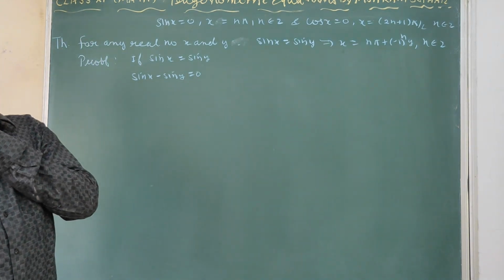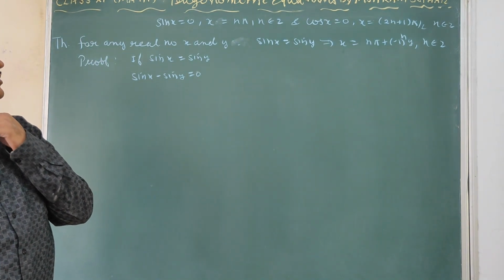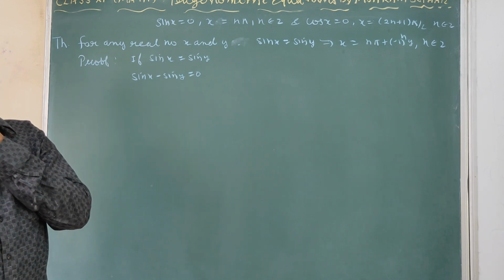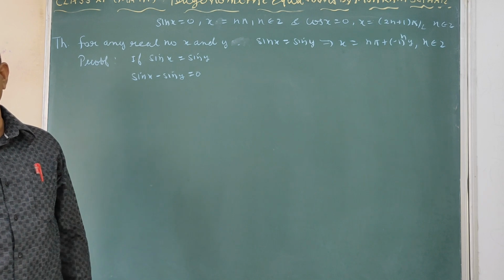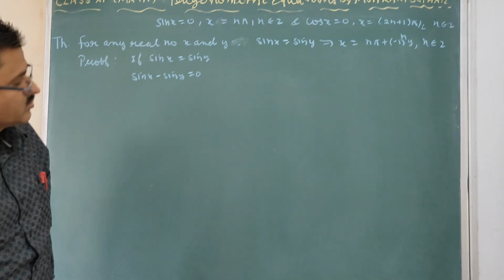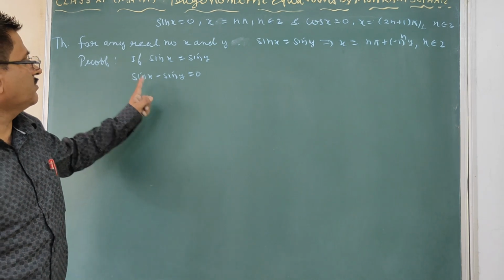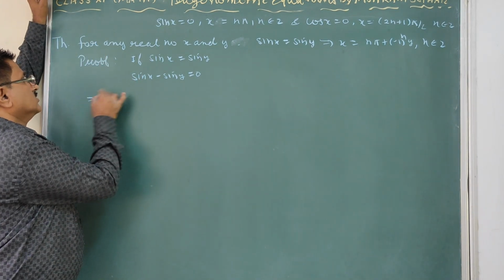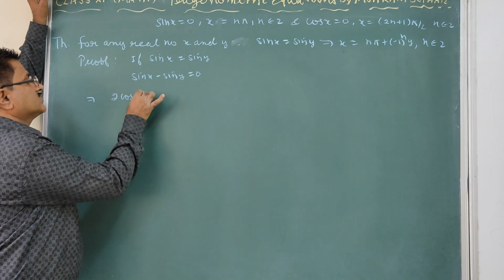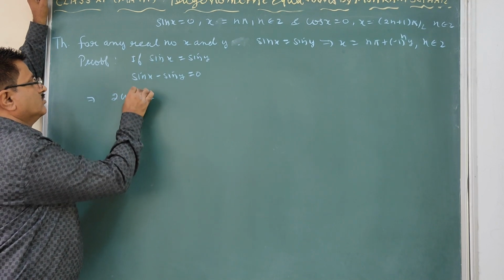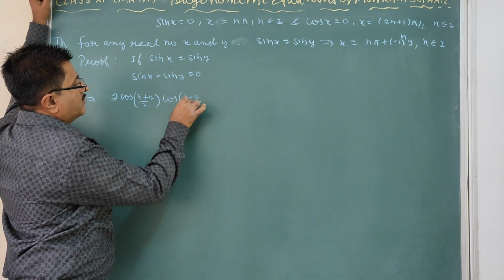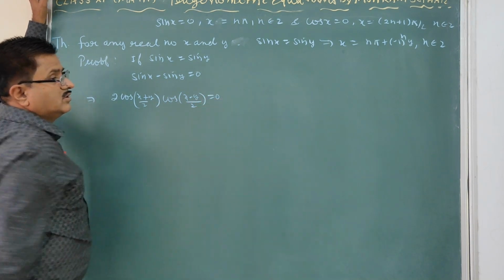Now we use the formula that we have seen in previous class: sin x minus sin y, sin x plus sin y, cos x minus cos y, and cos x plus cos y. So the formula for sin x minus sin y is 2 cos of x plus y by 2 into sin of x minus y by 2 is equal to 0.